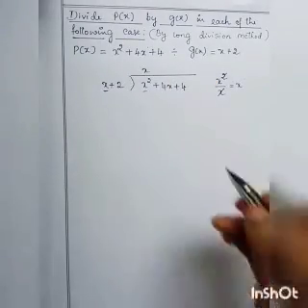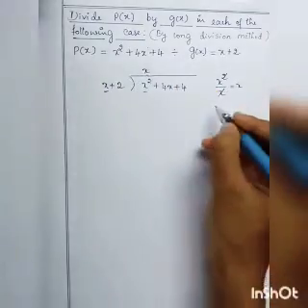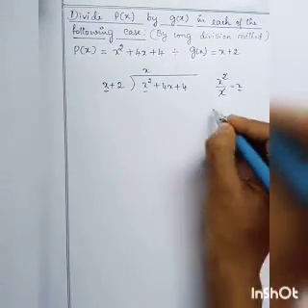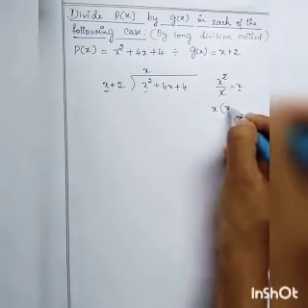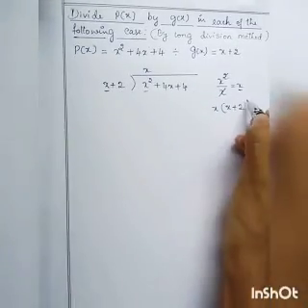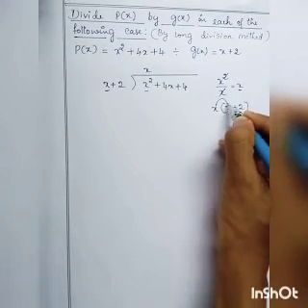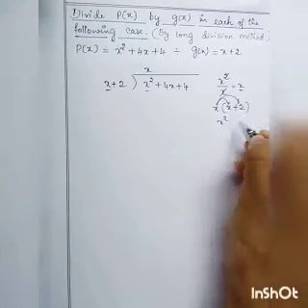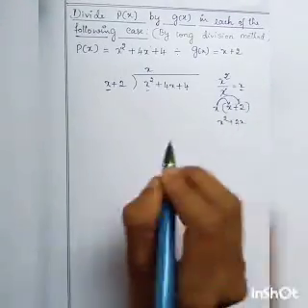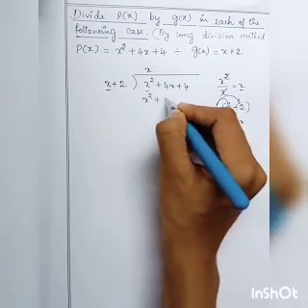The next step is x into x. You have to multiply x into the divisor x plus 2. To remove the bracket, x into x is x square, and x into 2 is 2x. So we write here x square plus 2x.